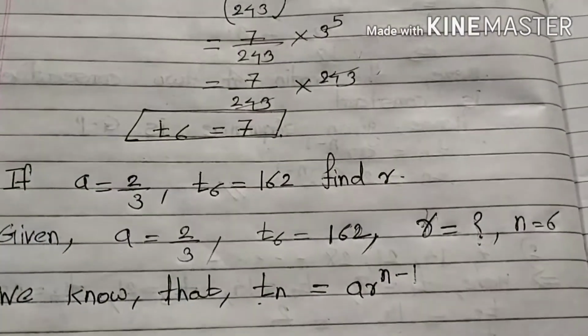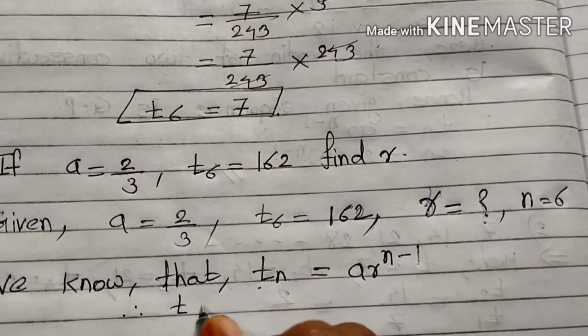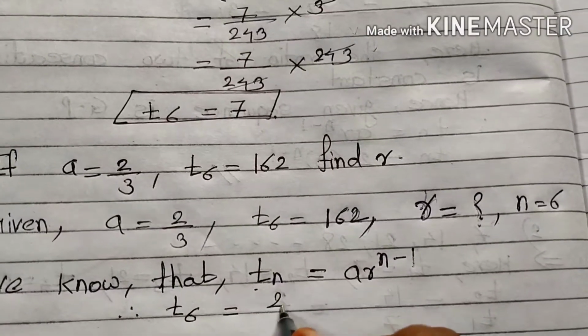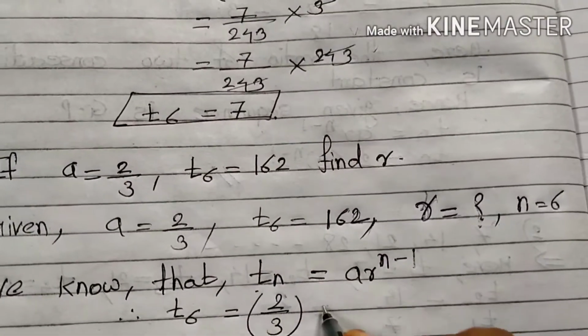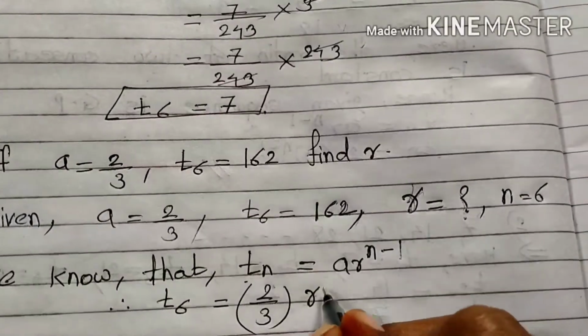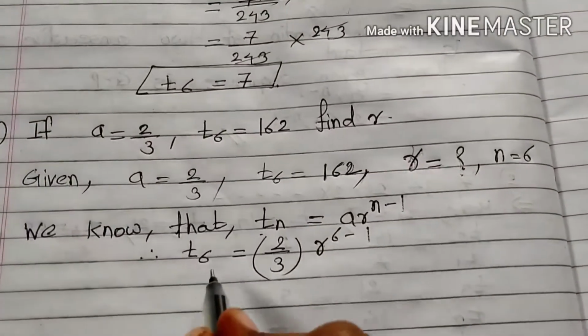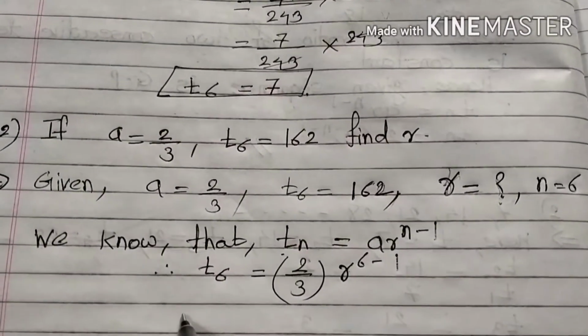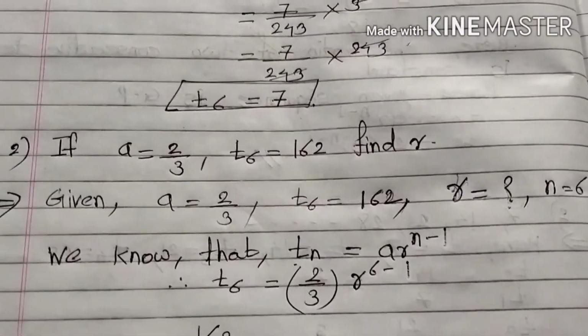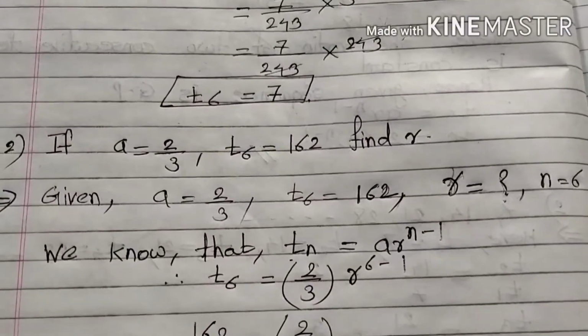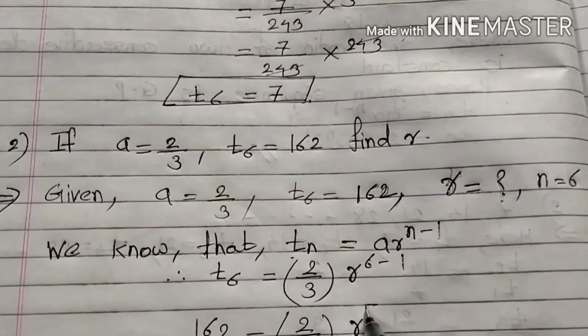So therefore T6 is equal to 2 upon 3 into r raised to 6 minus 1. But we know that the value of T6 is 162, and r raised to 6 minus 1 means 5.